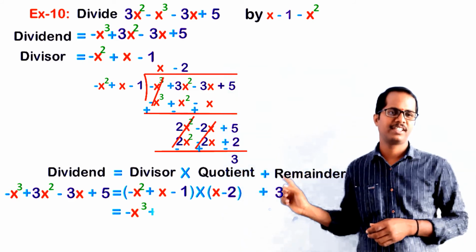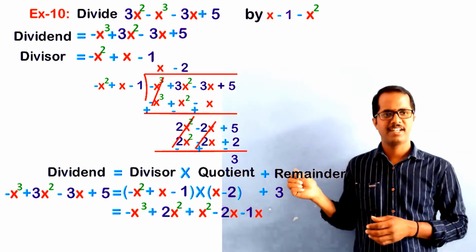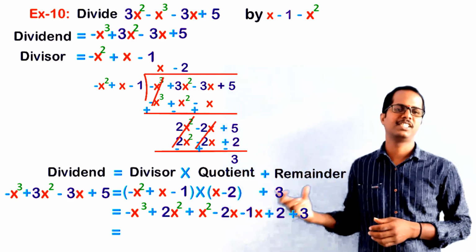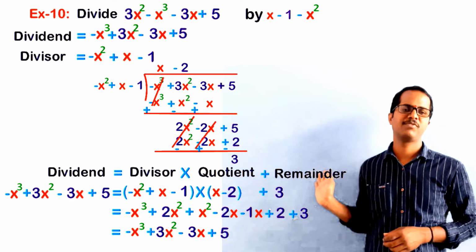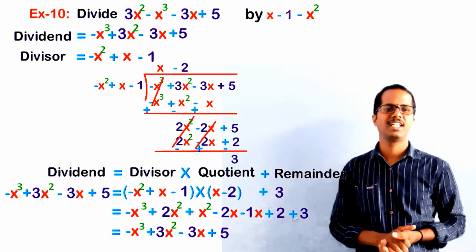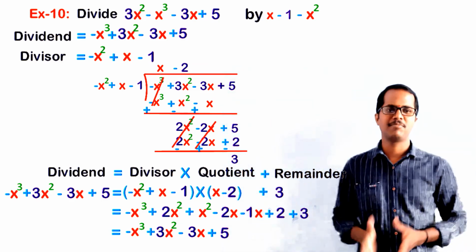Now by simplifying the right hand side we get minus x cube plus 3x square minus 3x plus 5, which is equal to the given cubic polynomial, that is the dividend. So now we get both LHS and RHS are equal. That means we verified the division algorithm. So like this we can verify the division algorithm for the polynomials.